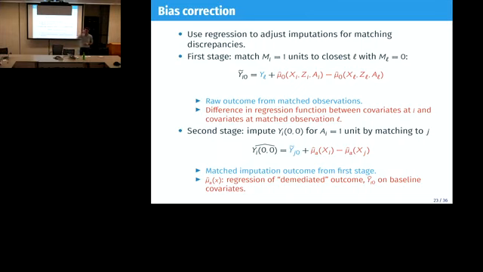My question is, is this the unique linear combination that gives you an expected value of the estimation of y tilde I? Because this is an approximation of the bias that we have from the matching discrepancies between these two units.